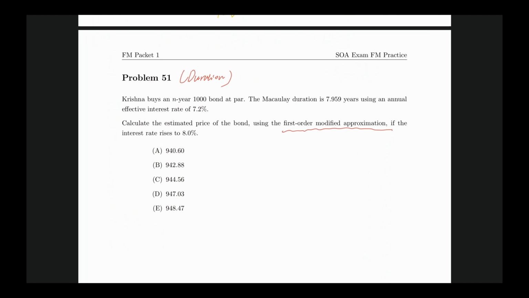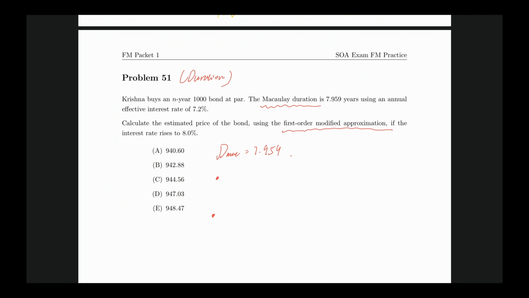And also we need to know the relationship between the modified duration and the Macaulay duration, because the question gives the Macaulay duration. I'm going to use DMAC to represent the Macaulay duration. In this case, it is exactly 7.959.